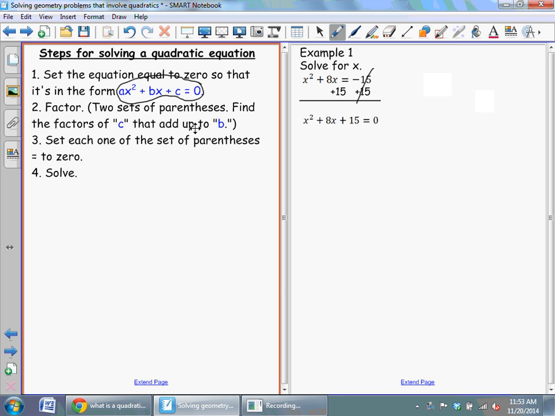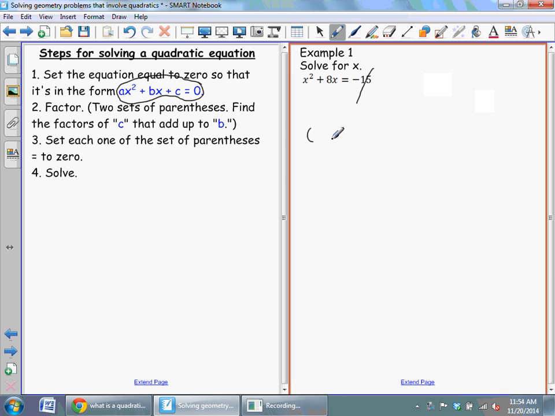Our second guideline says to factor. When you factor a trinomial that is in this form, you will need 2 sets of parentheses. So we're going to need 2 sets of parentheses. X goes here, x goes here.